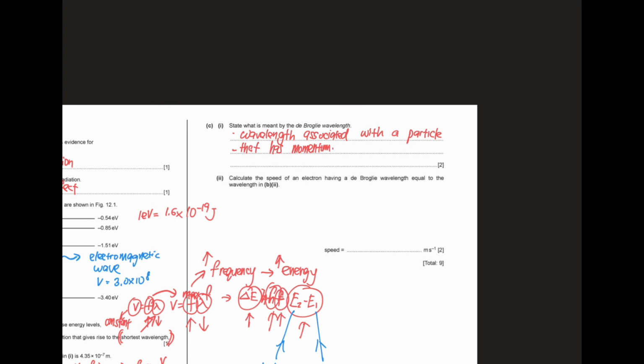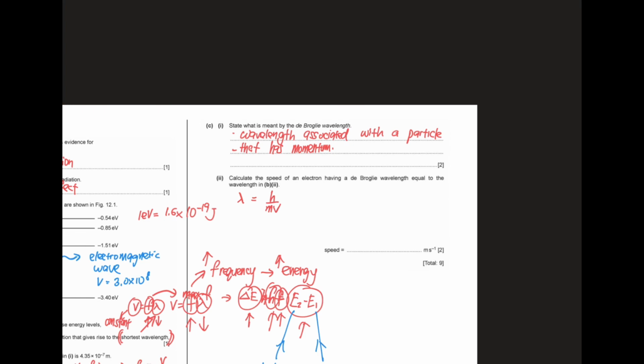Now part 2, calculate the speed of an electron having a de Broglie wavelength equal to the wavelength in B part 2. To calculate the speed of an electron, we use the de Broglie wavelength formula, lambda equals h over mv, and then we substitute values.